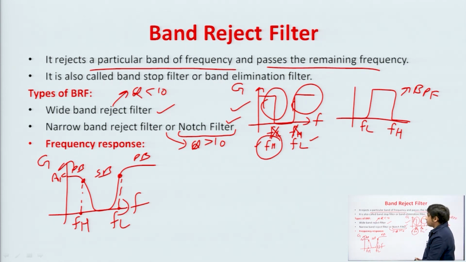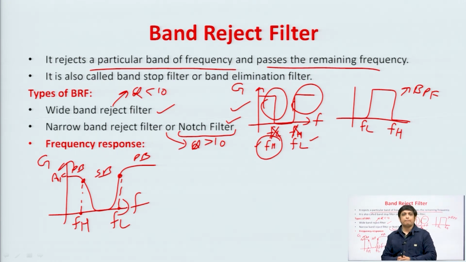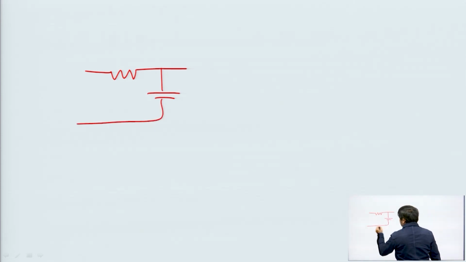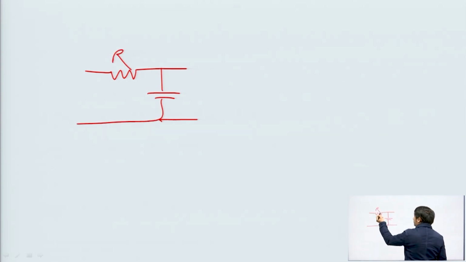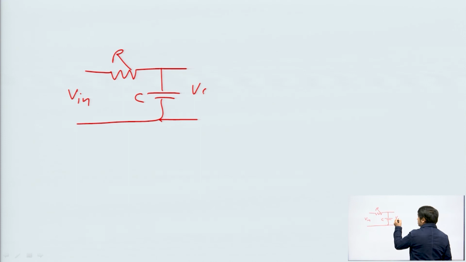So, this is about band reject filter, and I have discussed the frequency response of all the 4 active filters: low pass, high pass, band pass, band stop filter, right. So, the point is, in passive filter, if I take the example of passive low pass filter, we are using only two components R and C. This is the first order filter, this is input V in and this is V naught.